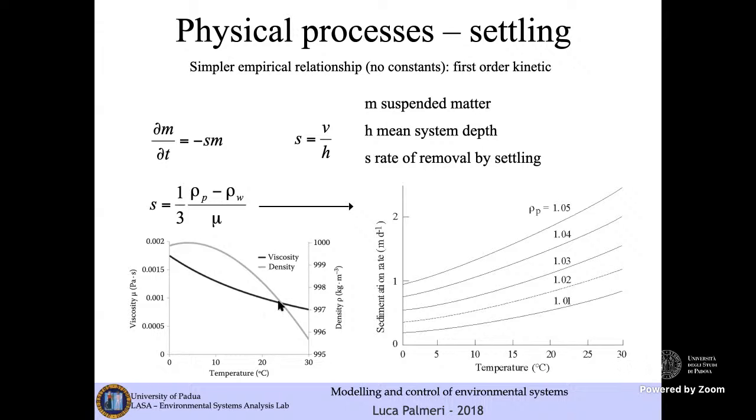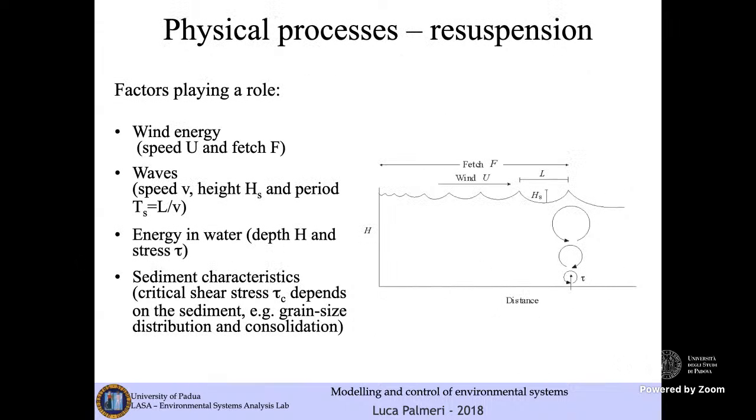So after this point, the viscosity tends to dominate, and this is why after this point, the density of the particles, in this case, this is the density of a particle, tends to increase as well.